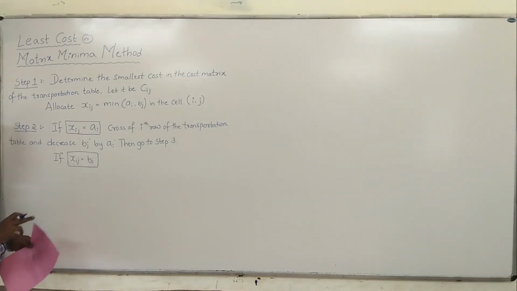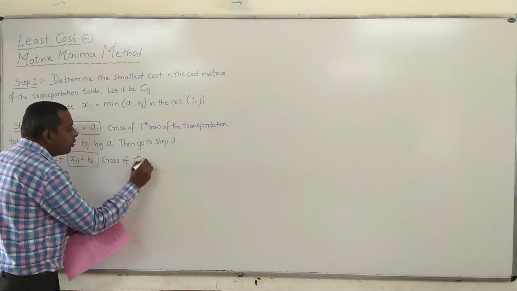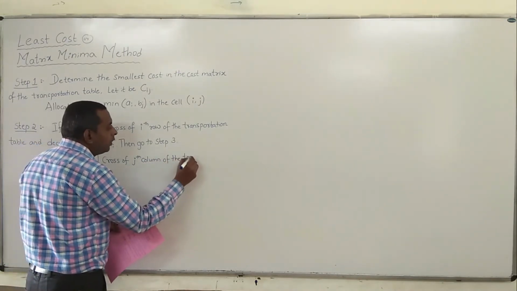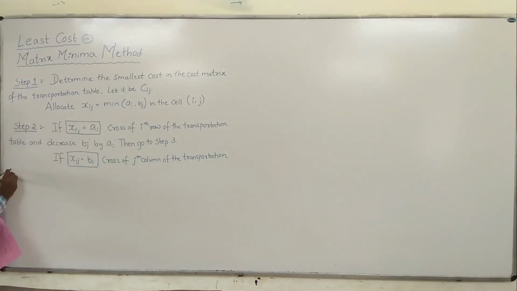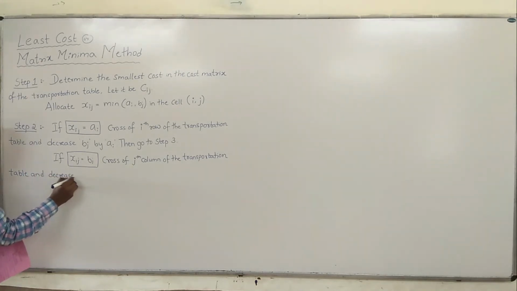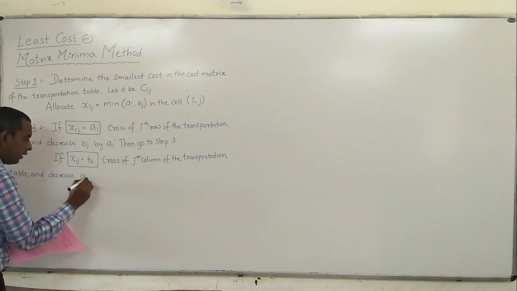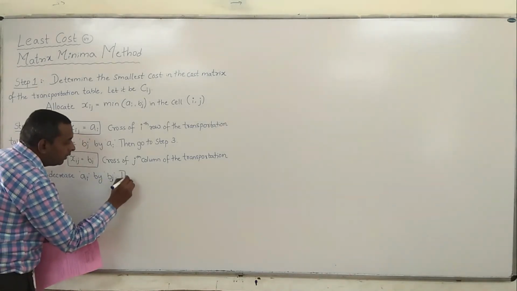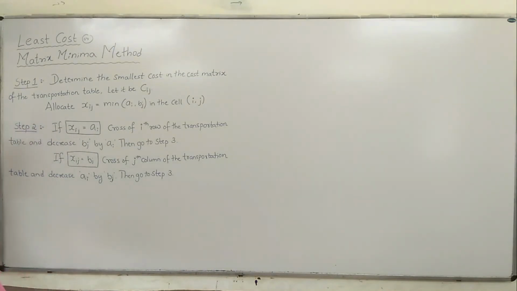Whereas if Xij is Bj, cross off the jth column of the transportation table and decrease Ai by Bj, then go to step 3. Fine? Go to step 3.